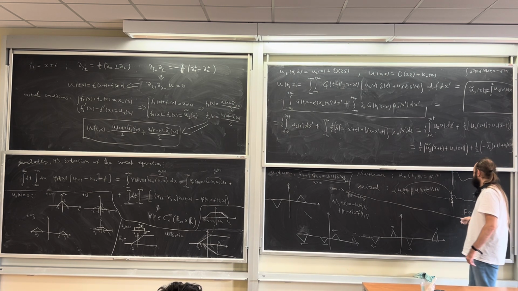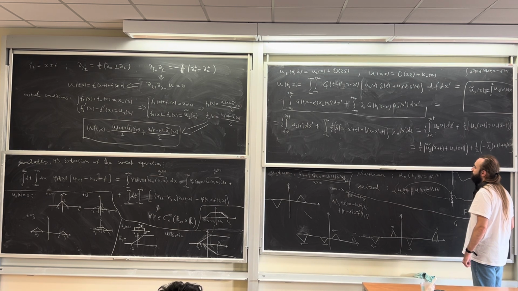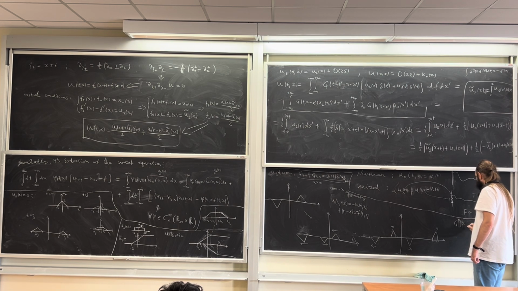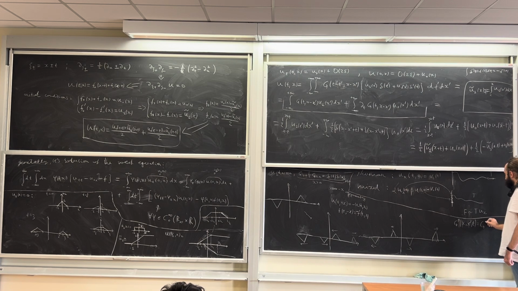No, we don't have shift symmetry, so the Green function of Dirichlet of x and x prime, t equals G of x minus x prime comma t minus G of x plus x prime comma t.